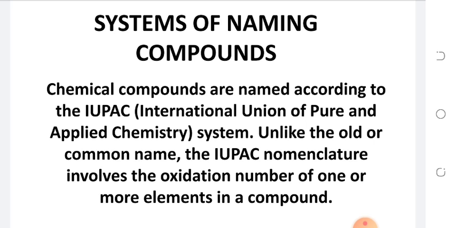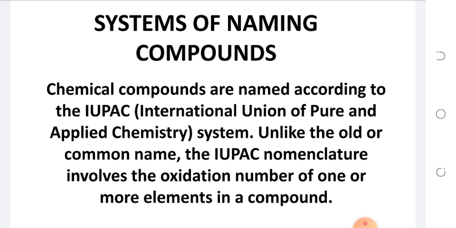Systems of naming compounds. When we are talking about systems of naming compounds in chemistry, there are two major ways of naming compounds according to the topic that we want to talk about. There is something called the common or trivial name, and there is also the IUPAC name.